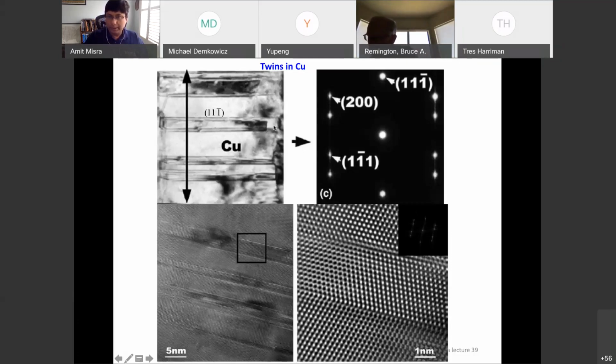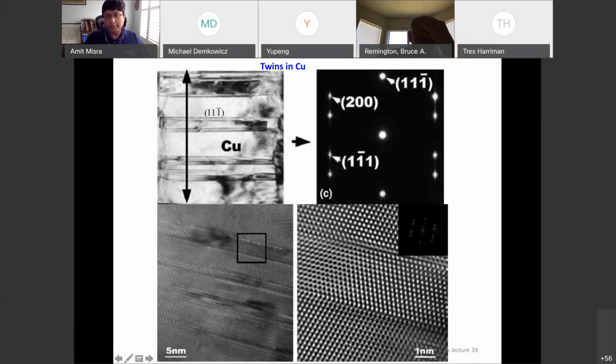Notice that the diffraction pattern is simply the fast Fourier transform of a lattice image. This is another way to look at it if you had a high resolution image. So this is matrix, twin, matrix. There's a twin boundary, there's a twin boundary. These are the 1-1-1 planes, and this is the other 1-1-1 plane.